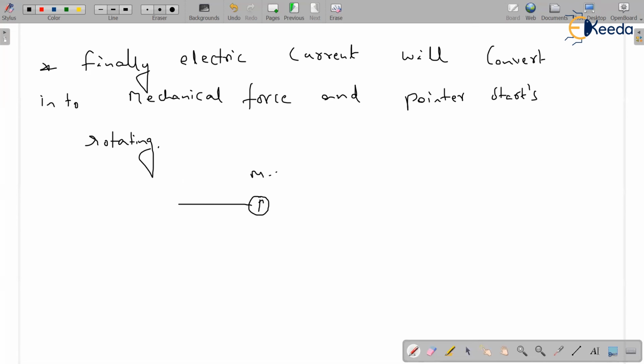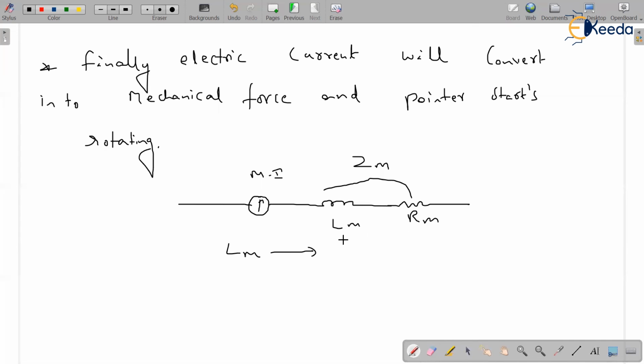This is MI, LM, RM, this is ZM. LM is the fixed coil self-inductance.